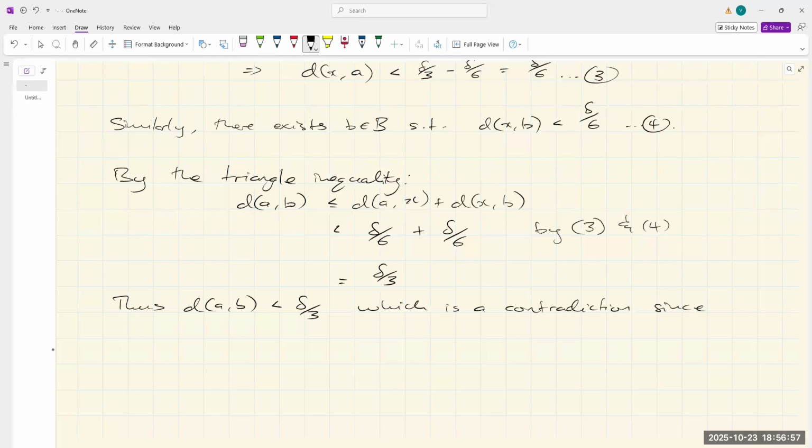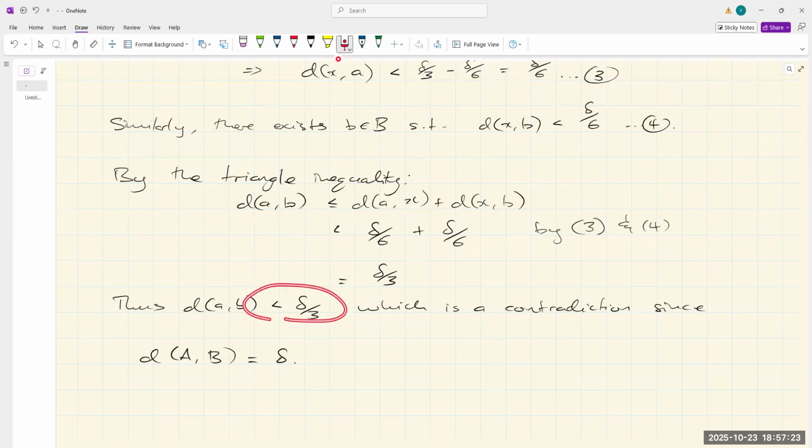Since the infimum of these possible distances, the distance between A and B, was defined to be delta, if you have 2 points, A from A and B from B, and you work out the distance between these 2 points, you should be getting something bigger than or equal to delta.